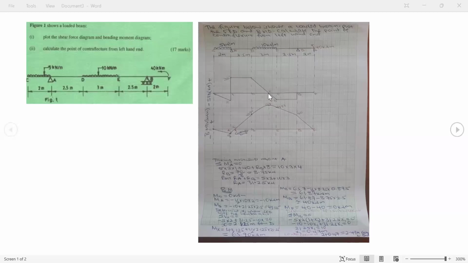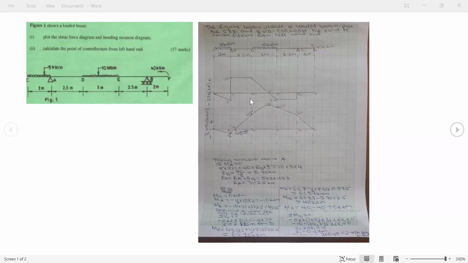Now look at our left-hand side of x. To the point x, we have a UDL of 5 kilonewton per meter. We multiply it by 2 to make it a 10 point load, but it's negative. Then I have RA, which is acting upward of 31.25, so it is positive. And then we have a section of the 10 kilonewton per meter, which is acting downward. So I can say minus 10 times x, the unknown value.